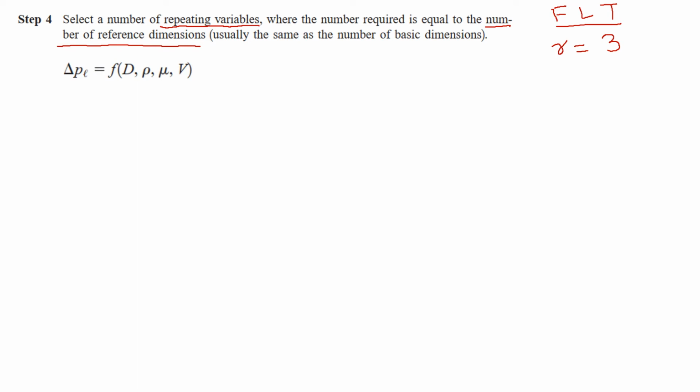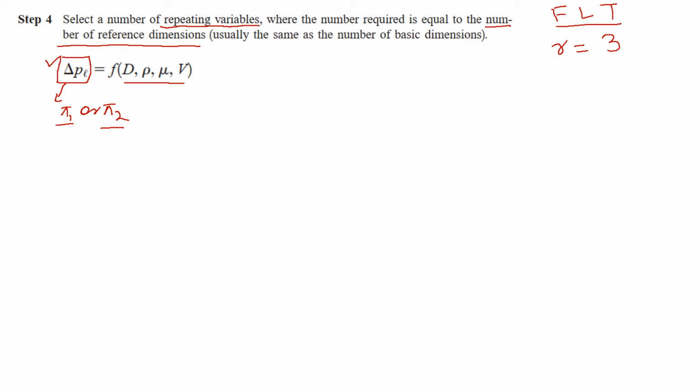What we cannot do is select this delta p here because it is a dependent variable, and this dependent variable will appear once, either in pi 1 or in pi 2. So this is a non-repeating variable. We will select 3 repeating variables from this list of independent variables, and we will select those variables whose dimensions are relatively easy.